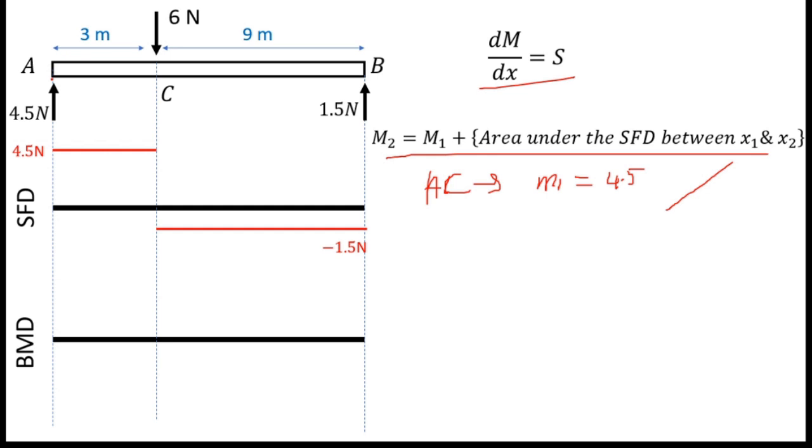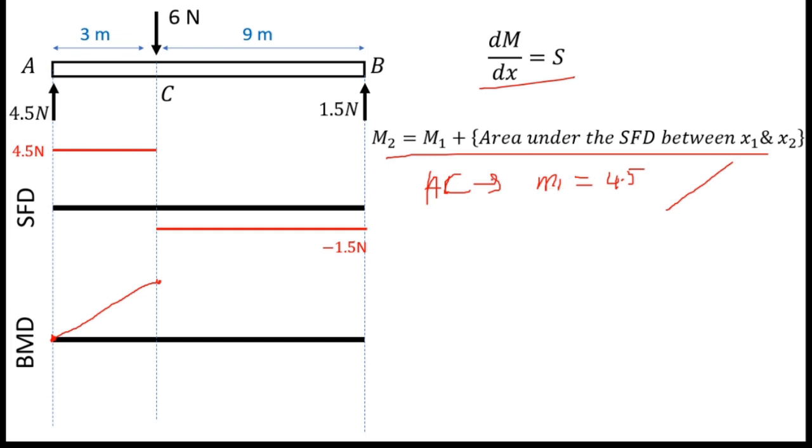That means bending moment is 0 at point A. So bending moment starts at 0 and it goes like this, because I found the shape of the bending moment diagram. This is a straight line with a slope, right? So this is the bending moment diagram for the AC segment, but I still don't know the value of this point.